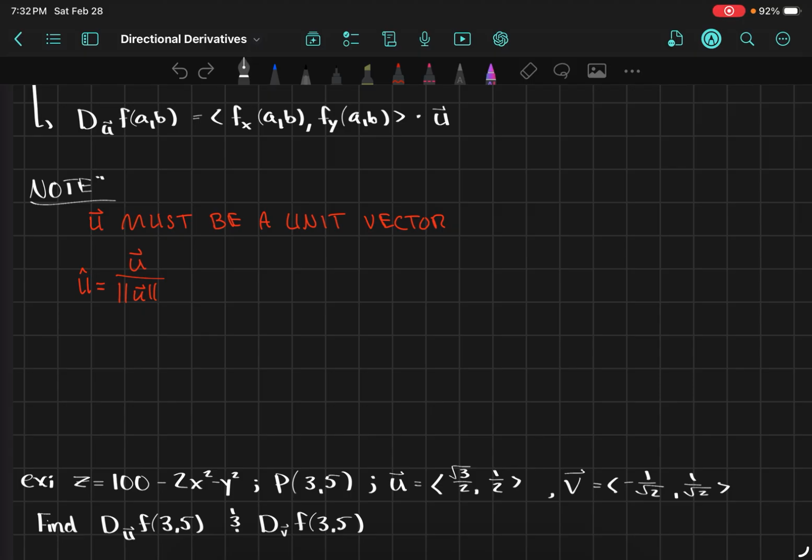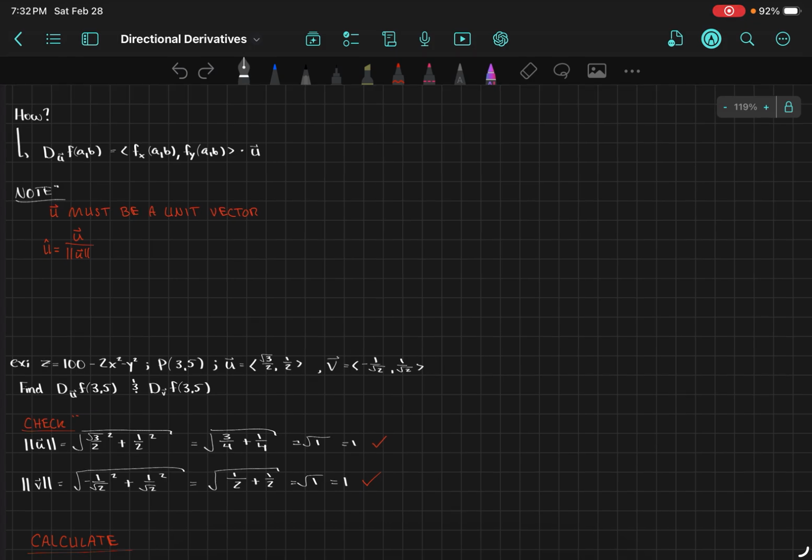Otherwise, this will not work. Or you could divide by the magnitude at the very end, mathematically speaking. I wouldn't recommend it. If it isn't a unit vector, you could do that. Wouldn't recommend it. Just might as well get it out of the way first. Check that first, because otherwise, if you forget it, then let's just say you'll be getting the question wrong.